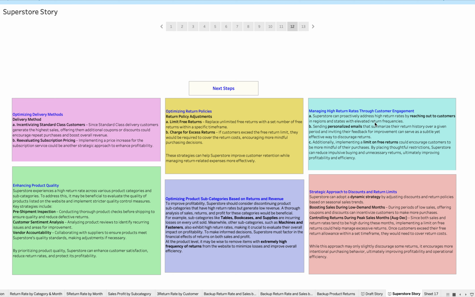When people are returning, they can ask for feedback on the product, and then send a personalized email just summarizing how many items they've returned, which can be a subtle way of warning that they are doing a lot of returns, and then having a limitation on free returns. So they can try to understand how their product quality is.